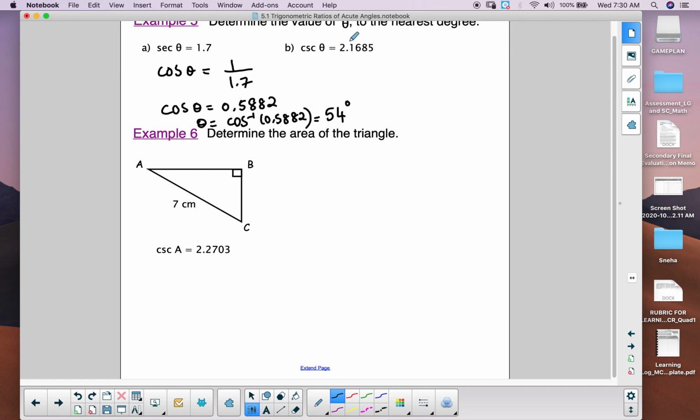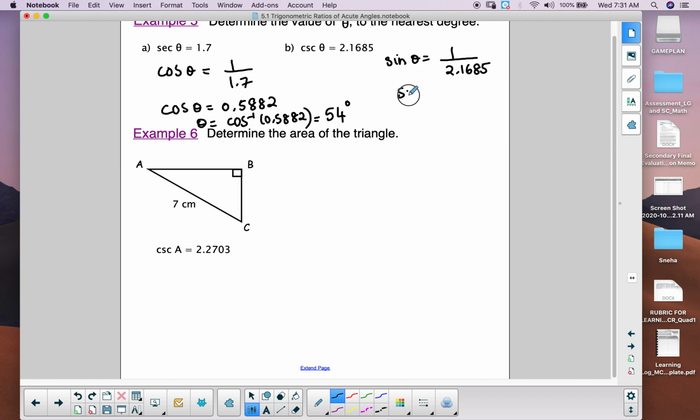Second example, cosecant of theta is 2.1685. I cannot find cosecant inverse and then use my calculator. So I'm going to find the primary trig ratio that is related to cosecant. That is sine. So if cosecant of theta is this, that means that sine of theta is the reciprocal of 2.1685.